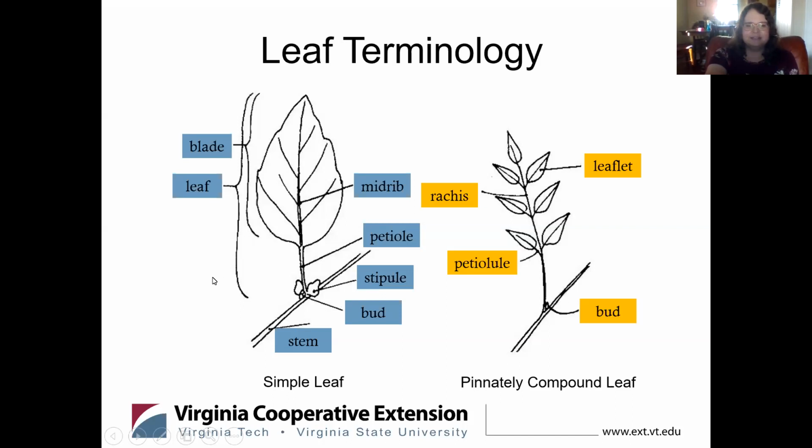The leaf blade is considered from the tip of the leaf all the way down to where it connects at the stem. And you will find a bud down here where the leaf attaches to the stem. This bud typically will be the growing point for next year. But you have the whole leaf structure and the bud where it connects to the stem.